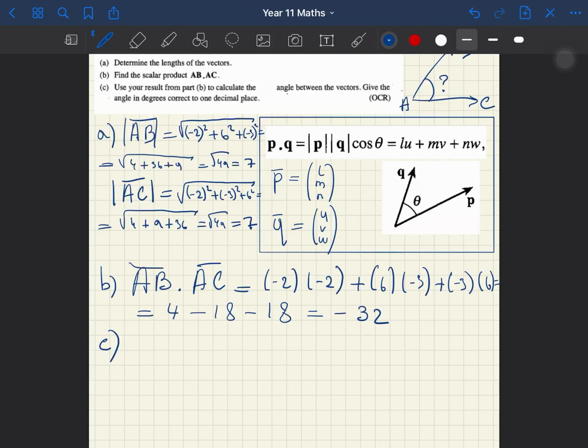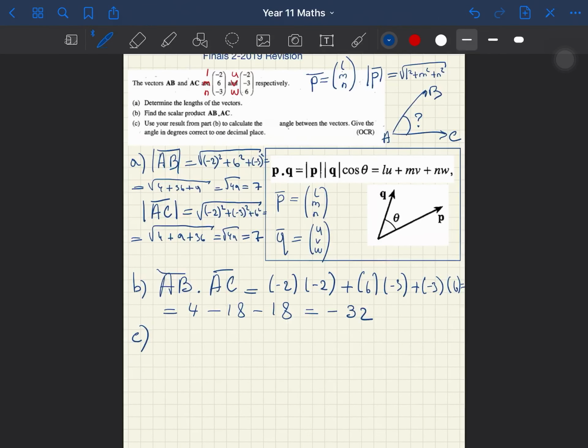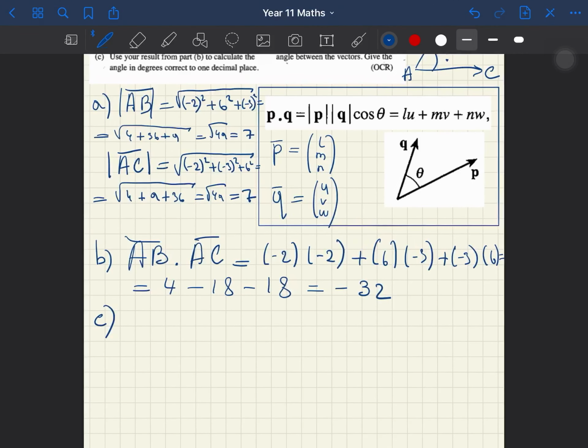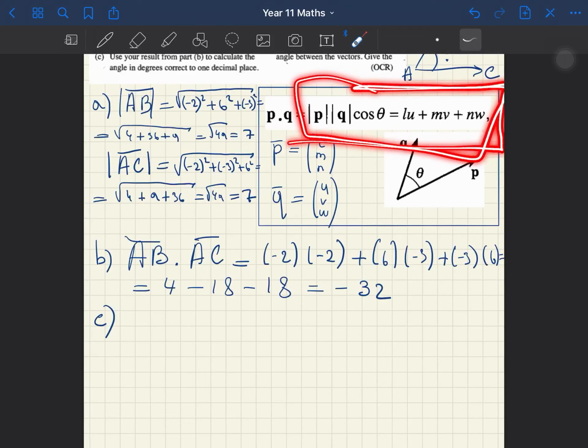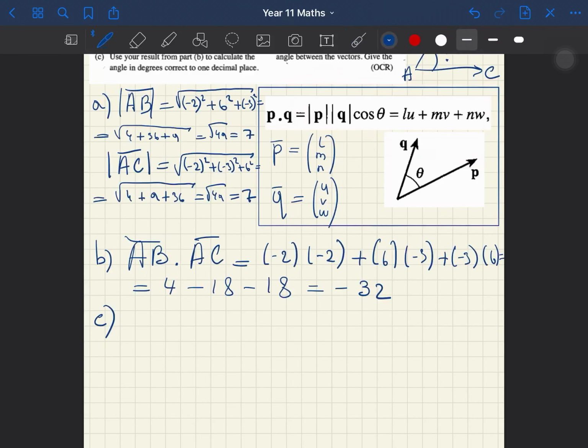And for the last part, we have to find the angle between the vectors. Maybe you remember the formula comes from here. We redo this formula: P dot Q equals magnitude of P times magnitude of Q times cosine theta, equal to LU plus MV plus NW.